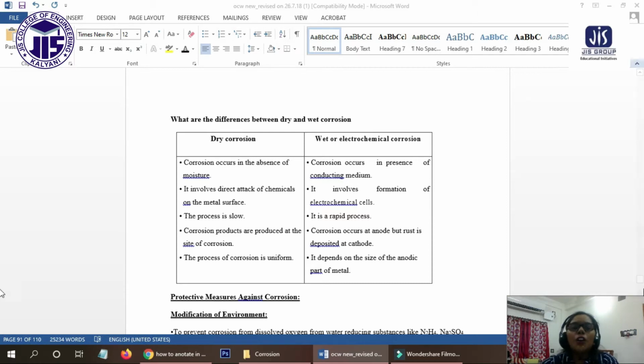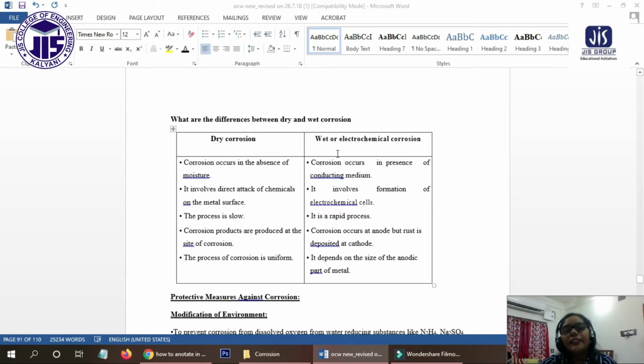Now today we will discuss the differences between dry corrosion and wet corrosion, some of the types of electrochemical corrosion, and also the protective measures that we can apply to prevent metals from corrosion.